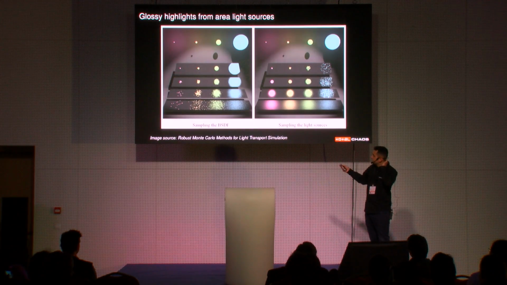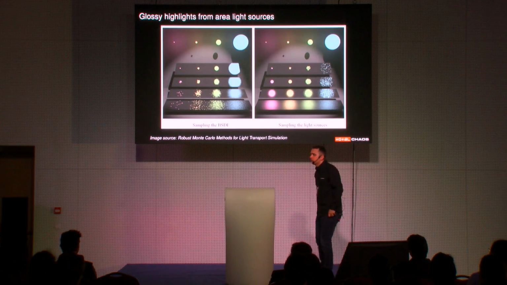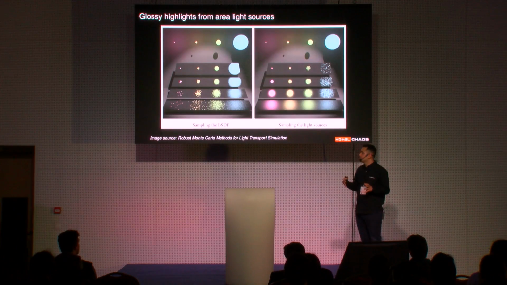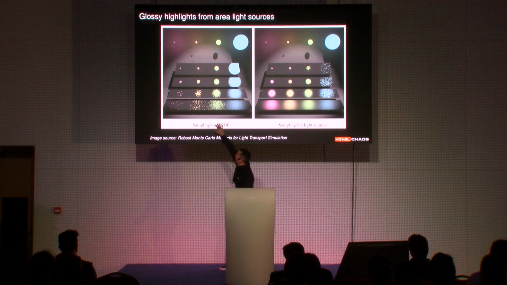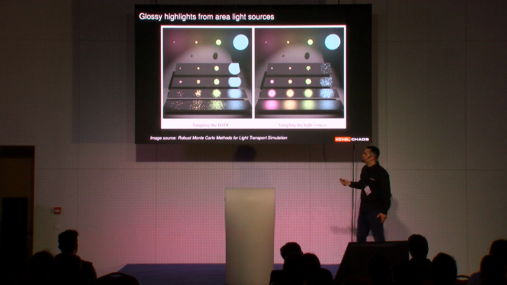The surface which is closest to the light sources is almost specular, almost a mirror, and then it starts to get rougher and rougher, and this one here is very rough. And we can see a comparison between the two strategies.